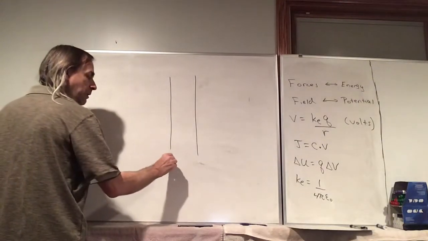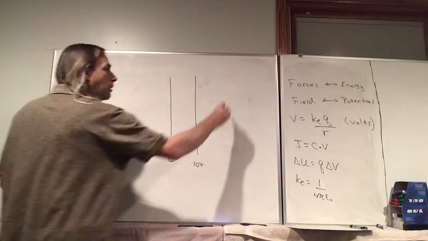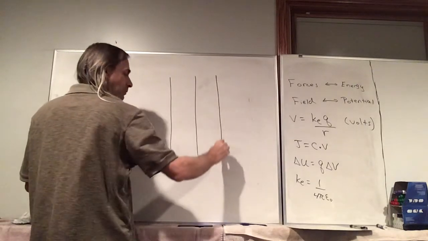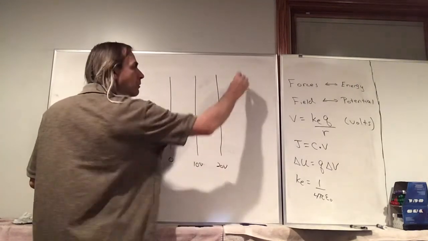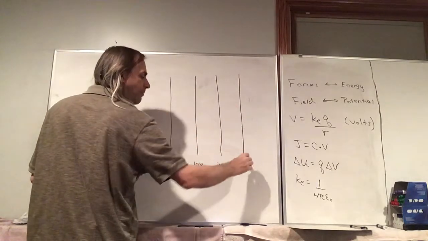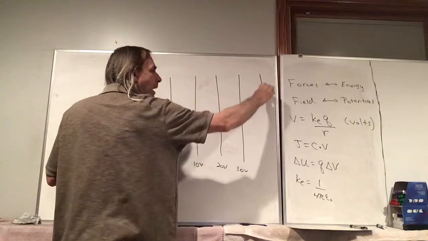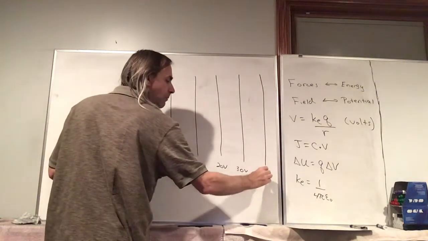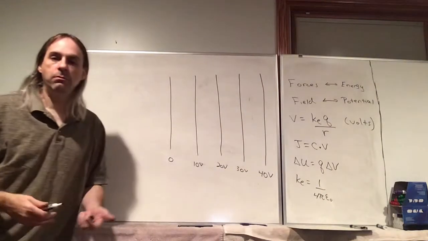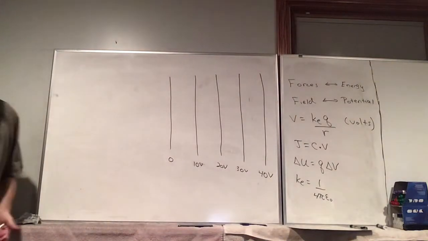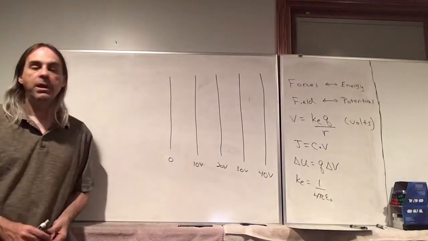So we've got like 0. Now what I'm drawing, these are called equipotential lines. So equipotential, short for equal potential.